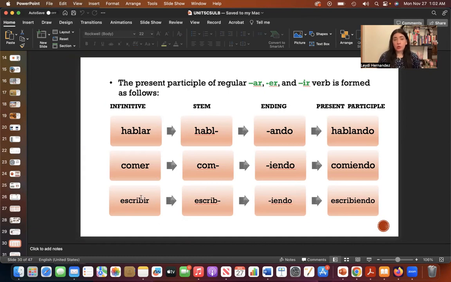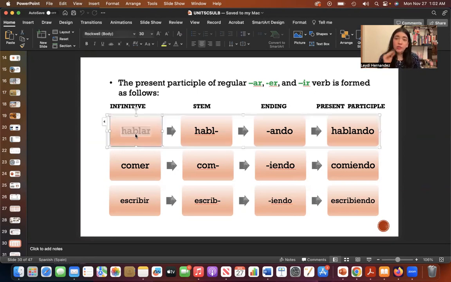So to conjugate a verb in the present participle, we need to drop the ending, just like we do with any other tense. So we have hablar, which is to speak. We drop the ending. We have the stem, which is habl, and then we add ando. So my present participle will be hablando.